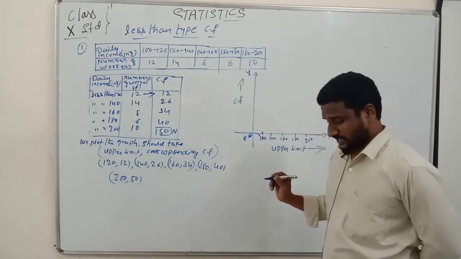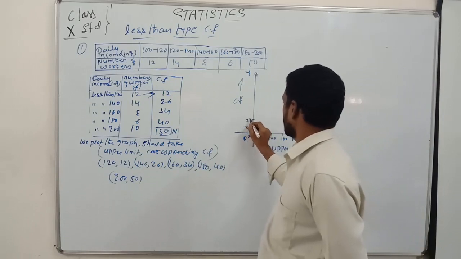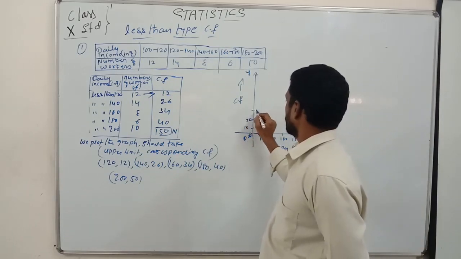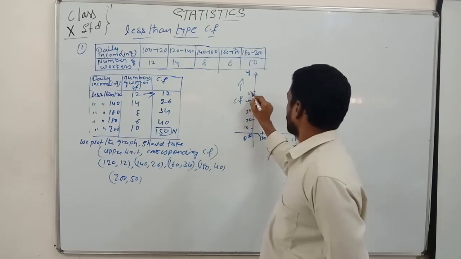So 12 means we can take here 10, 20, 30, 40, 50.